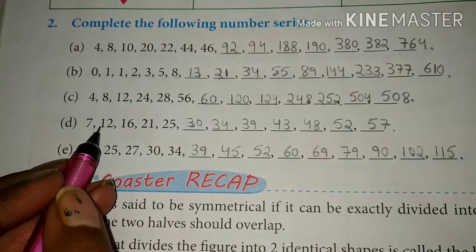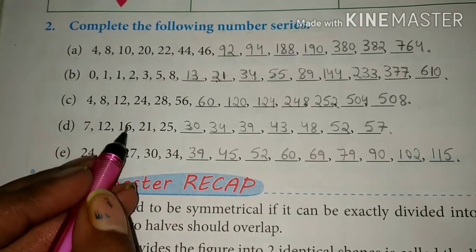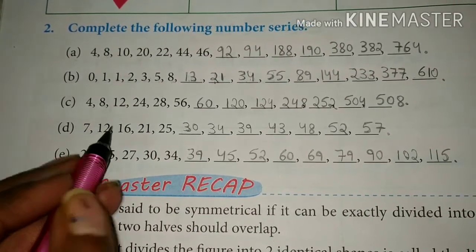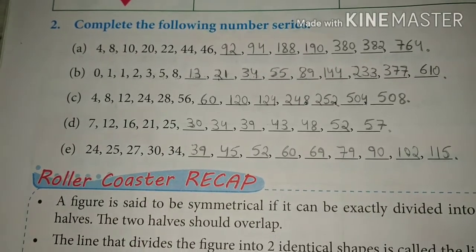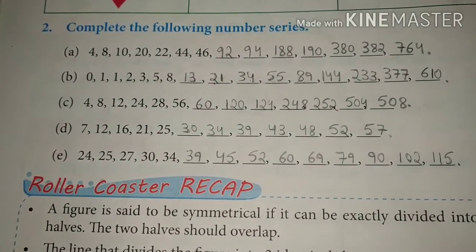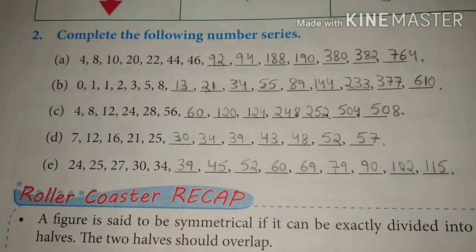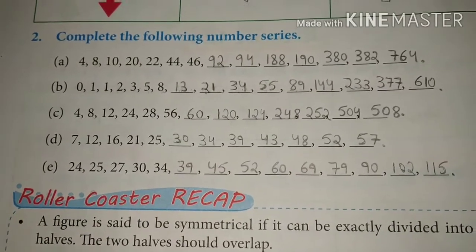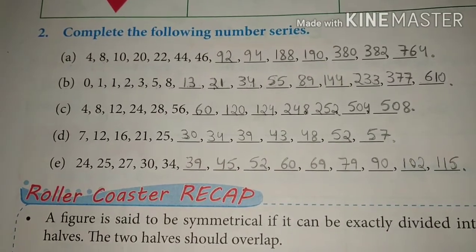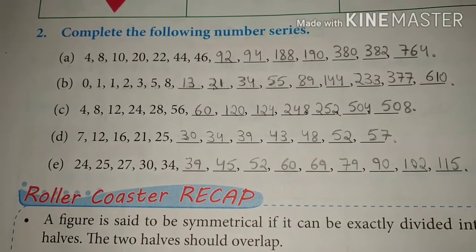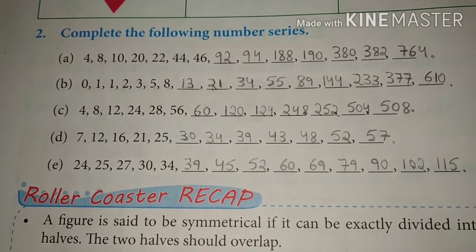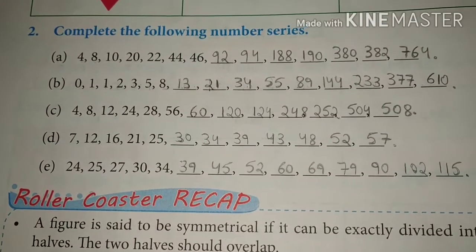And the difference between 12 and 16 is 4. So students, in this question, every time, firstly, we have to add 5 to the number and then we have to add 4 to the number.